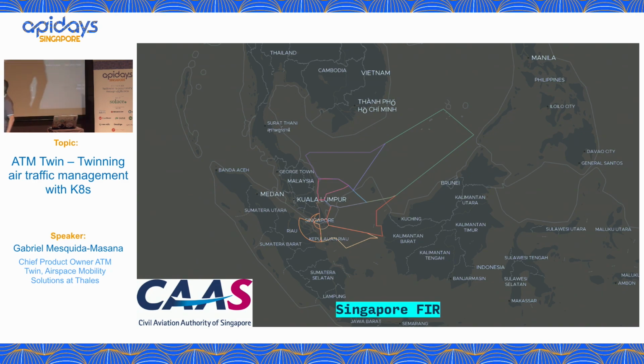Singapore is here, and we have all this part of airspace, which is connecting up to Manila. And this is the South China Sea, so it's a very interesting piece of airspace. Every time a plane is crossing this airspace, it could be somebody going from Malaysia to Malaysia in Borneo Island, you are crossing Singapore.